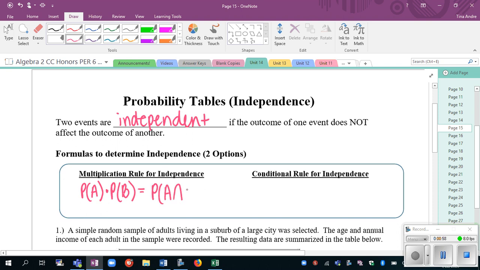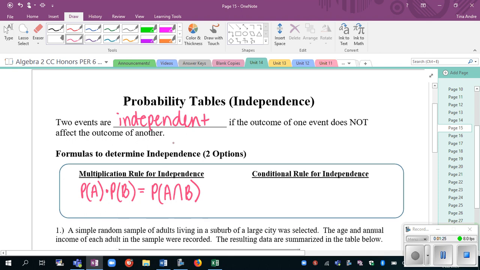Remember, in the previous video with the probability tables, we saw that the intersection of A with B is the intersection of the row and the column. So if that equals the probability of just A times the probability of just B, then we know that the two events A and B are independent.